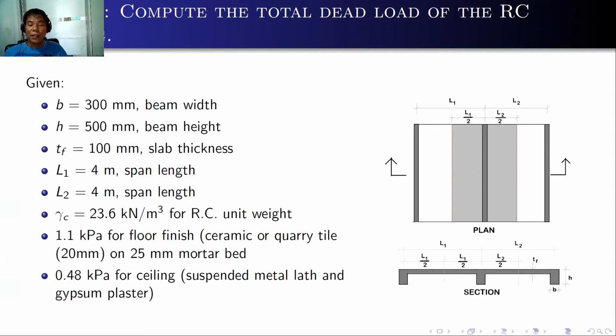So you can see it here in the section drawing. We assume that the unit weight of reinforced concrete is 23.6 kilonewton per meter cube. And if we put a floor finish, a ceramic or quarry tile 20 millimeter on 25 millimeter mortar bed, the value is 1.1 kilopascal. And assuming that a ceiling load is 0.48 kilopascal.